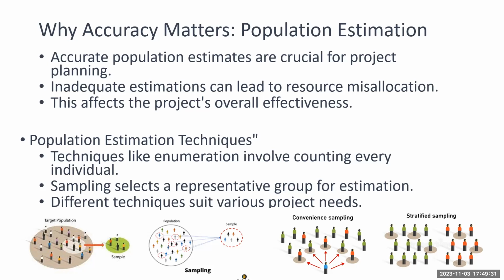And here, I just want to show you the sampling techniques that you could use to do these estimations. There are so many sampling approaches you could use. Look at this target population here, and this is your sampling here. Observe the color differences of clothes of the people in this representative sample that has been selected.